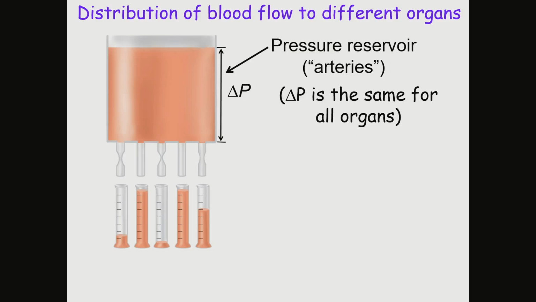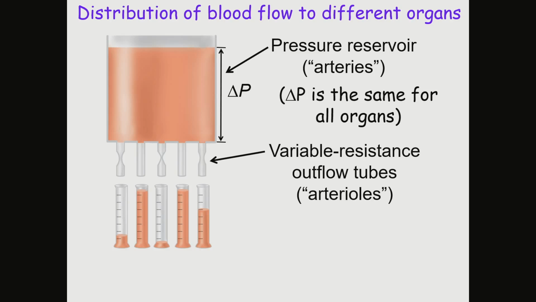If I think about my aorta, I have all of these blood vessels coming off of it, which go to arterioles, and as it turns out, the delta P, which is the pressure gradient from the start of the tube to, say, the arterioles of that organ, is about the same, okay?